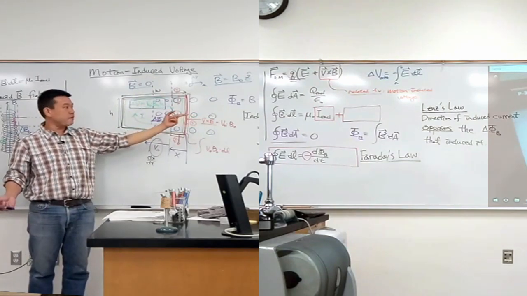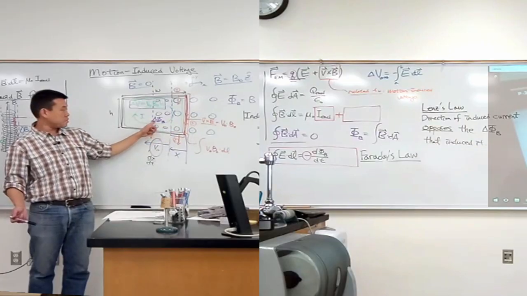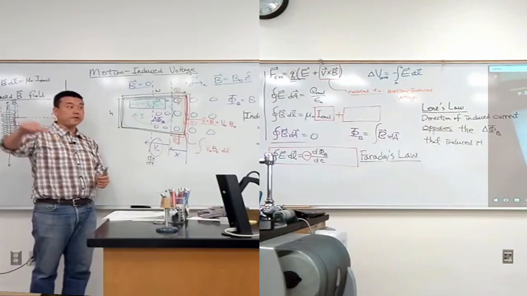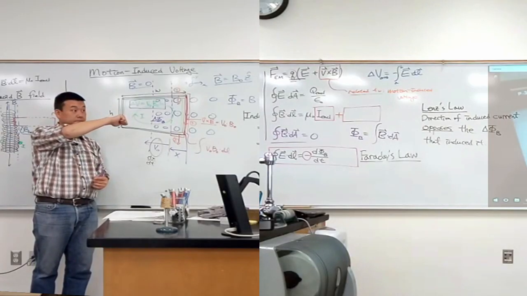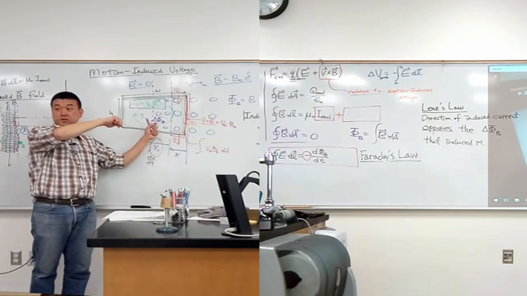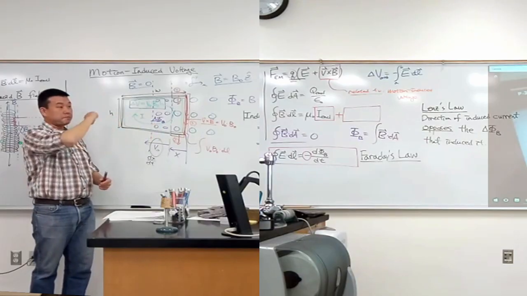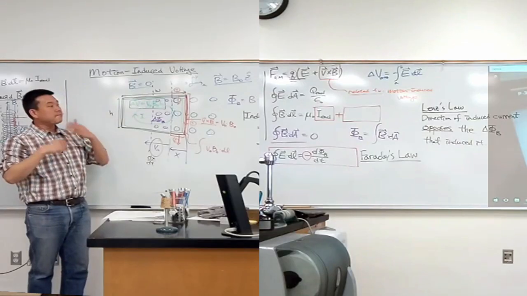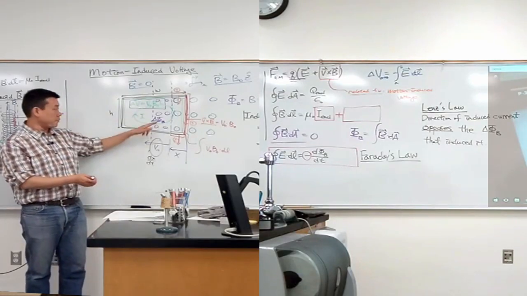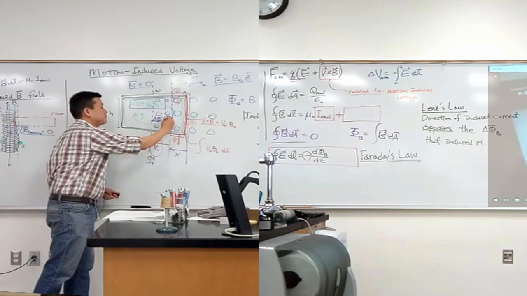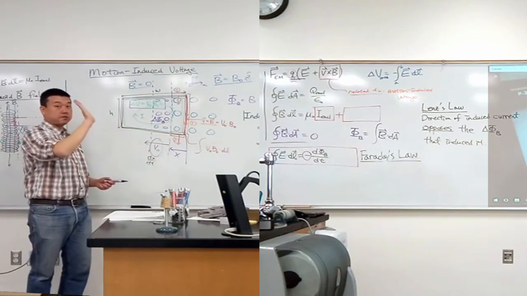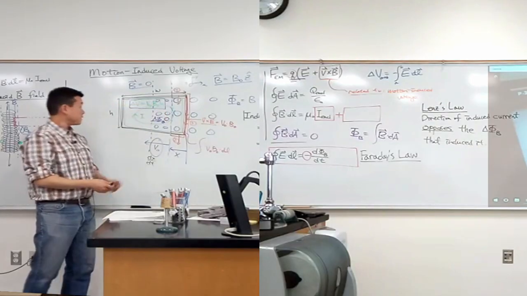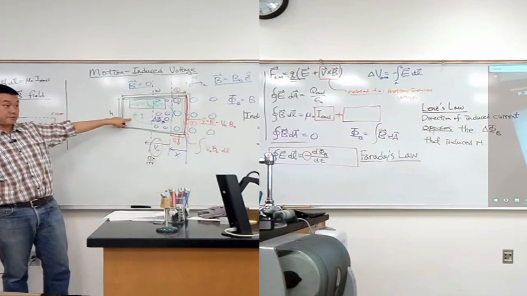And the current must be generated in such a way that this change is being opposed, meaning the magnetic field due to this loop of current should point into the board. That's going to be opposing this change here, right? So what direction of current should it be, clockwise or counterclockwise, so that the magnetic field due to the induced current opposes this that's coming out of the board? Clockwise, right? So this is a shortcut rule: clockwise loop of current, magnetic field points into the board. That's the same direction we got with the motional voltage.